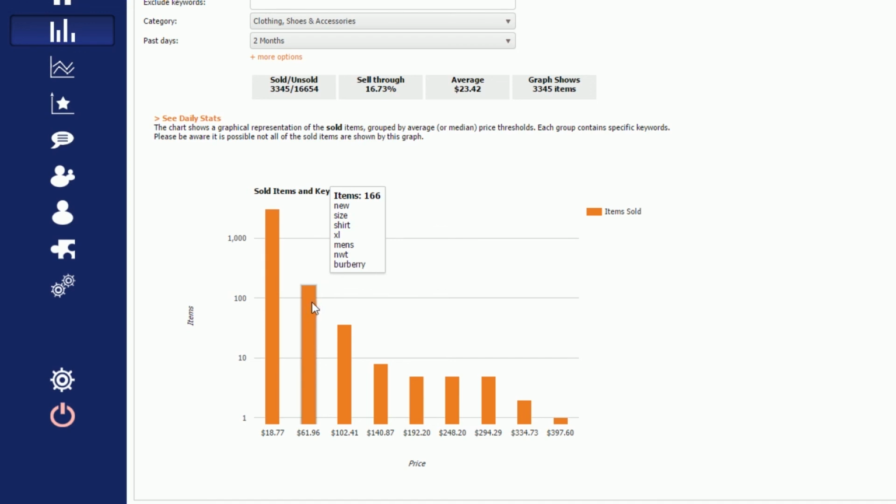Again XL, men's t-shirts or shirts. Then in the $100 range, we have vintage and some really special items, but still interesting to see. White Gucci, so a Gucci shirt is being sold for what, 140 bucks, and so on.